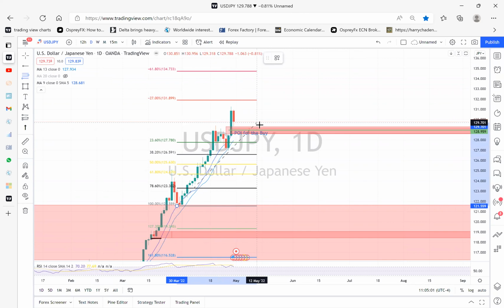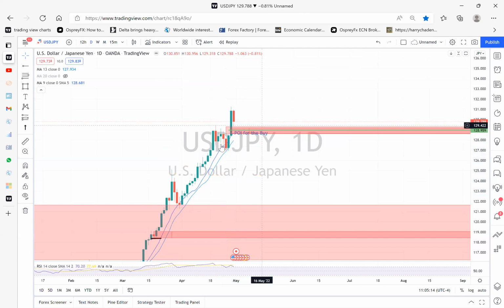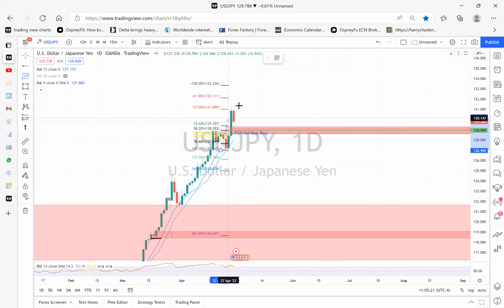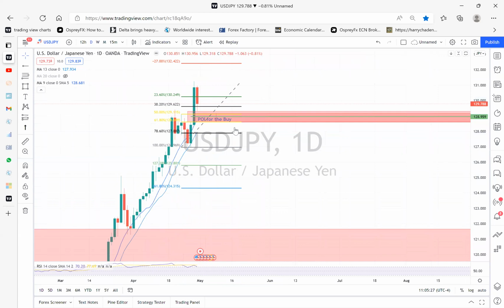So let's look at this second leg. Rally, base, right? Rally. Again, shallow pullback. This last leg right here, this pullback damn near hits my zone.